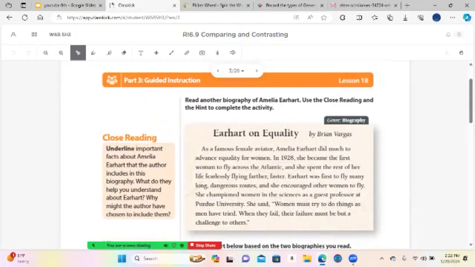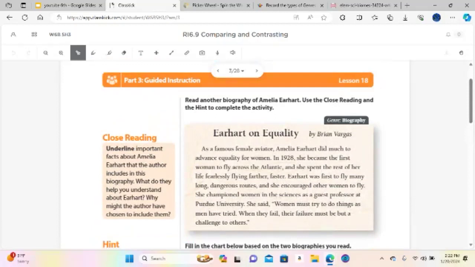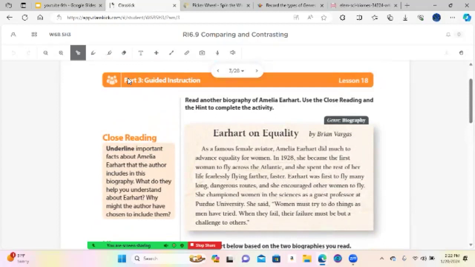So Earhart on Equality by Brian Vargas. And remember, the word equality means the state of being equal, especially in status, rights, and opportunities. It says, as a famous female aviator, Amelia Earhart did much to advance equality for women. In 1928, she became the first woman to fly across the Atlantic, and she spent the rest of her life fearlessly flying farther, faster.